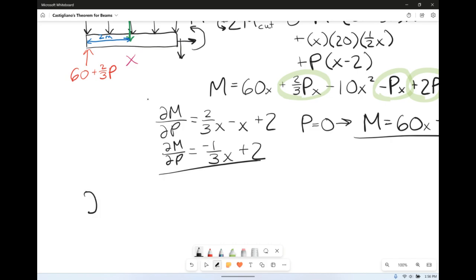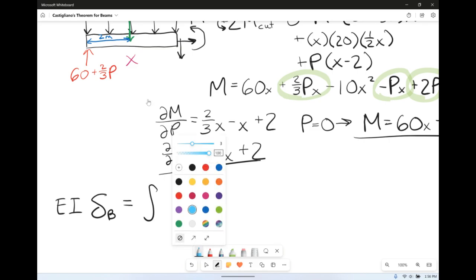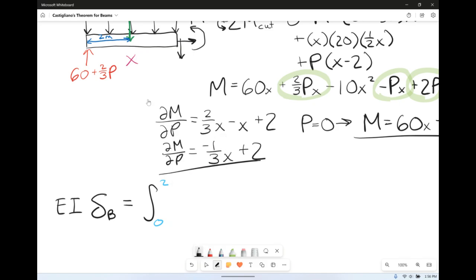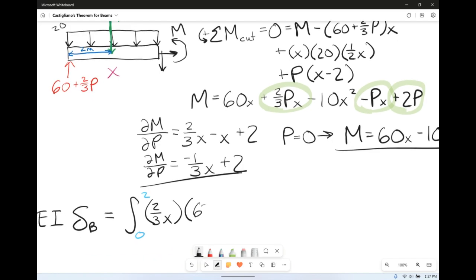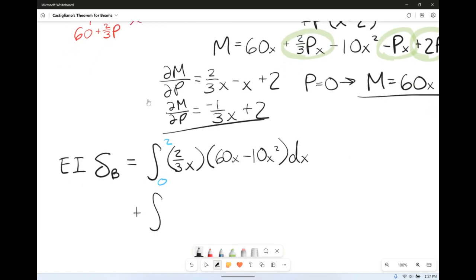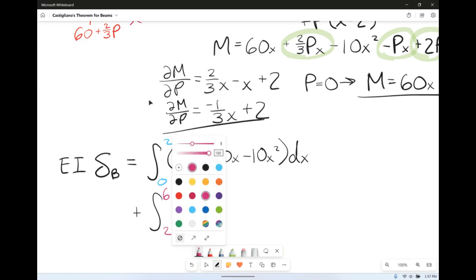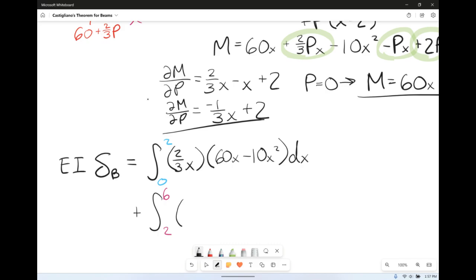So now if we want to find the deflection at B, again this is times EI, this is going to equal the integral for cut number 1, from 0 to 2, del M del P, which was 2/3 of x, times M, which is the same M, 60x minus 10x squared dx, plus the integral, this time for cut 2, 2 to 6 meters, del M del P, which was negative 1/3 times x plus 2, times M, 60x minus 10x squared dx.